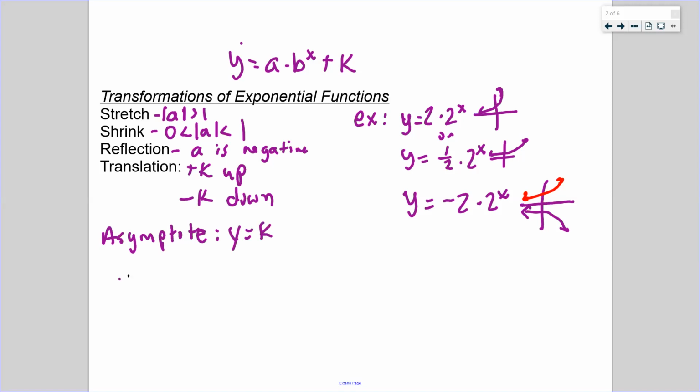So before, this is the type of problem we saw, y equals 2 times 2 to the x. Well, k is technically 0, so our asymptote had been at y equals 0.